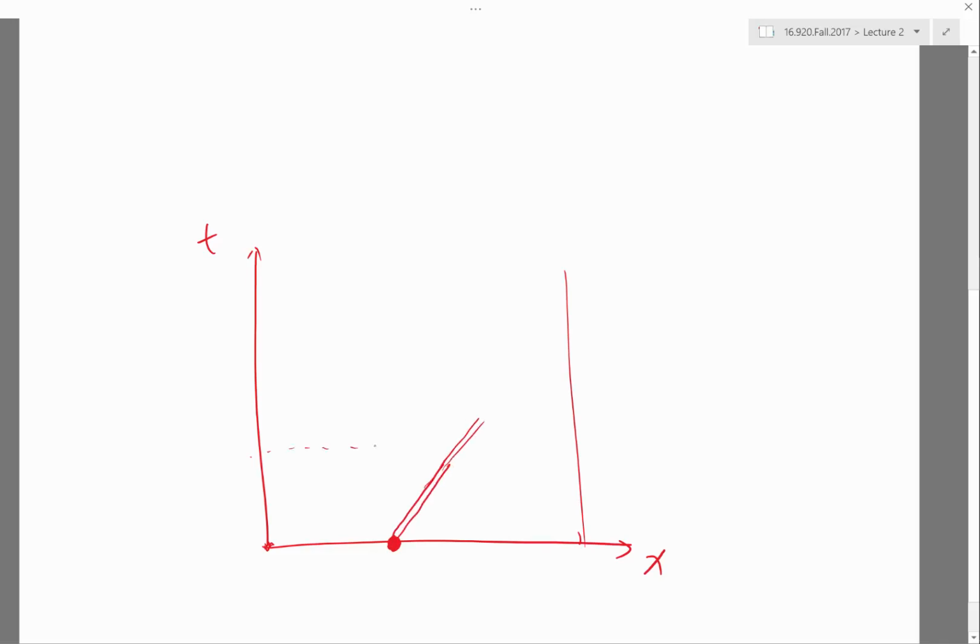For any t, we take a cross-section, we see this narrow region is a spike. But in the space-time plot, this moves towards the right, wraps around from the left boundary and comes here. The domain of influence in this case is a very narrow band that moves at a fixed speed.